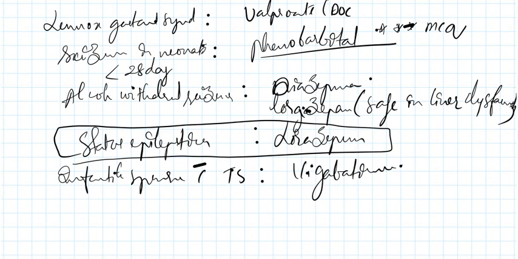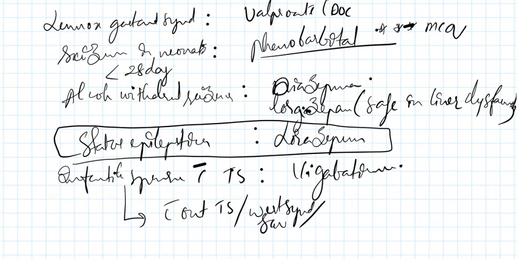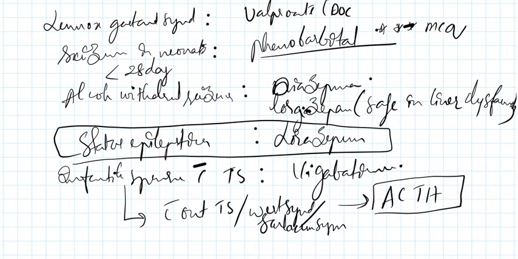Now, if it is infantile spasms without tuberous sclerosis, or West syndrome, or Salaam syndrome, not Salar, it's Salaam syndrome, you go for ACTH, adrenocorticotropic hormone. Salaam spells West syndrome and infantile spasms without tuberous sclerosis, you go for ACTH. Infantile spasms with tuberous sclerosis, you go for vigabatrin.